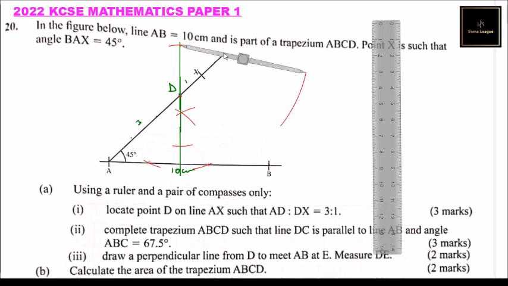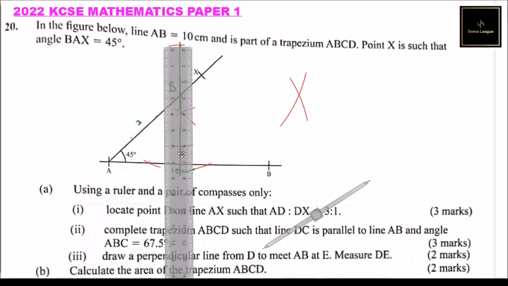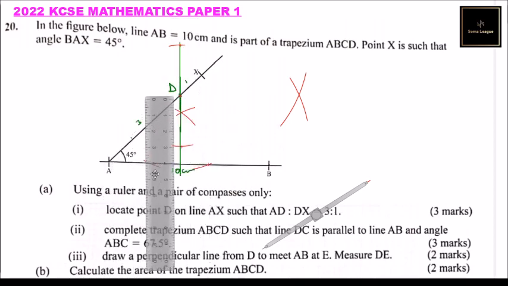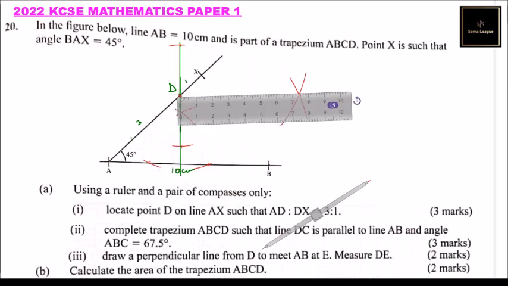We change our compass again here. We rotate our compass, and we draw another arc, and then we can now use our ruler to join the 2 points and come up with a straight line there.